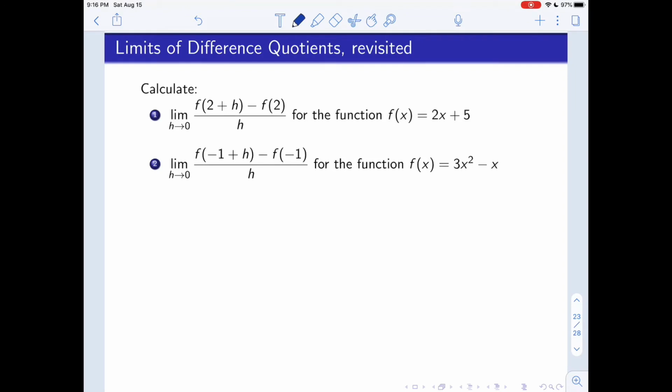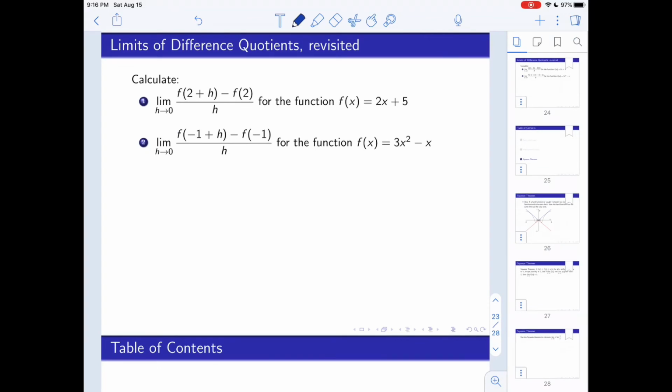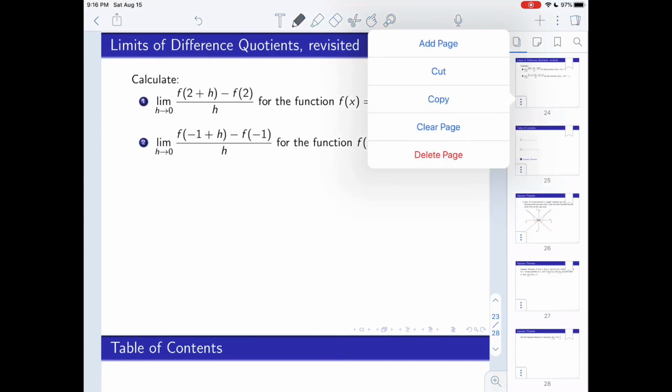So I want to revisit the difference quotients that we met briefly in section 1, because calculating the limit of a difference quotient carefully and precisely is really all about this canceling stuff that we just started talking about. And let me go ahead and add another page here.